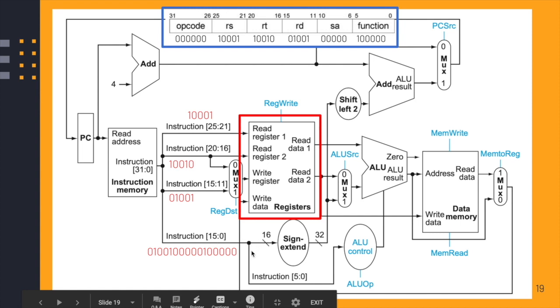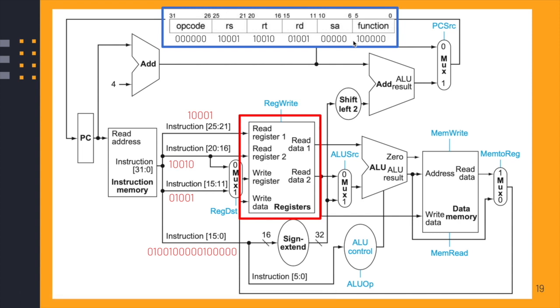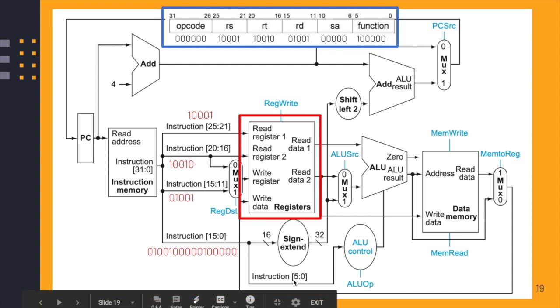I will take a portion of this data, which is 0 to 5, which, if you can recall, contains the function. So if you are an R-type format, bits 0 to 5 correspond to the function. So I am taking the function bits, the 6 bits, as an input to the ALU control.